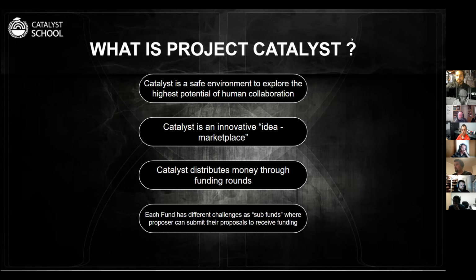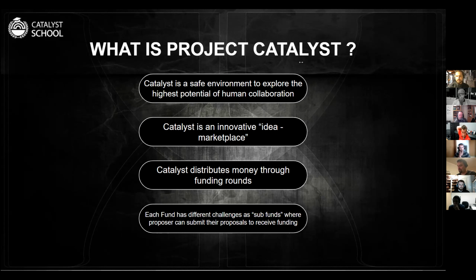And the way that this money is distributed is that we've got the funding budget, which is right now $8 million for Fund 7, and this money is distributed in challenges. So you could think that there is this funding budget here at the top, and then at the bottom there are different challenges that have their specific budget, and they sum up to this 8 million budget.